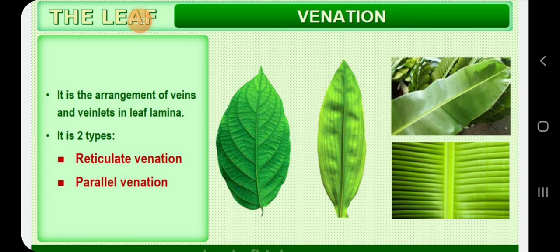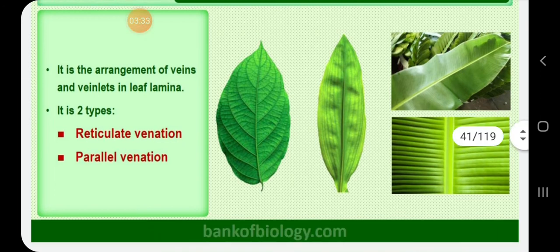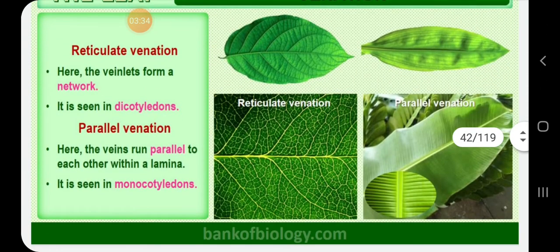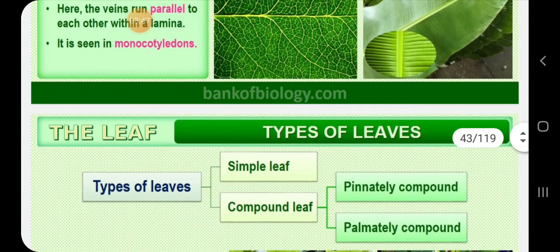You can see here. Reticulate venation is a network like venation and it is found in dicotyledonous plants. And in parallel venation, the veins run parallel to each other and they are found in monocots.